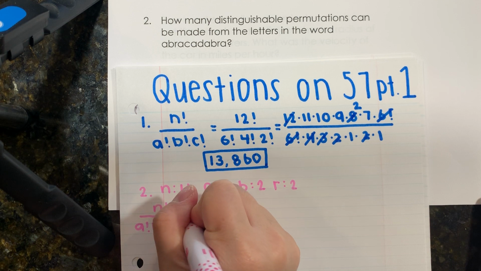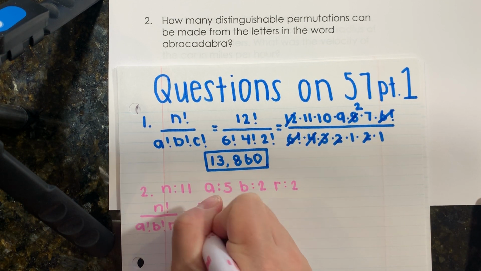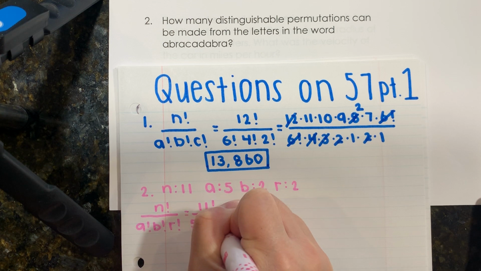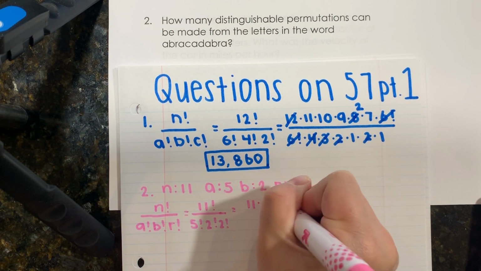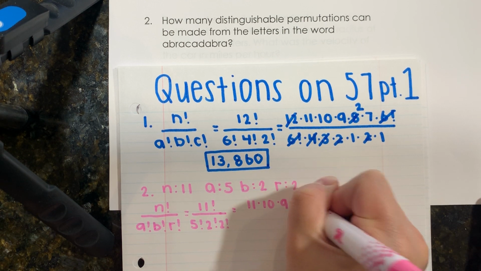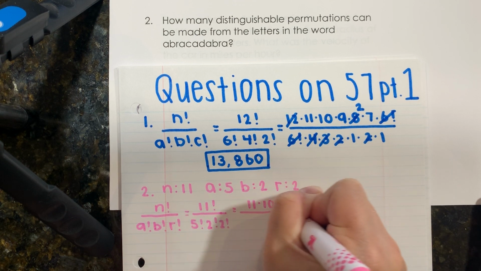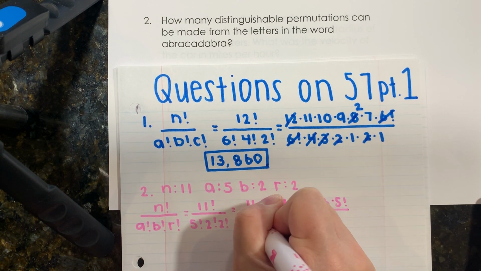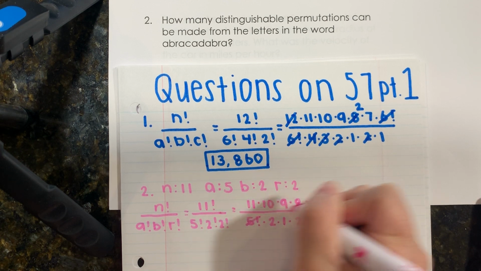So my n again is 11 factorial over 5 factorial, 2 factorial, 2 factorial. So 11, 10, 9, 8, 7, 6, and 5 over 5 factorial times 2 times 1 times 2 times 1.